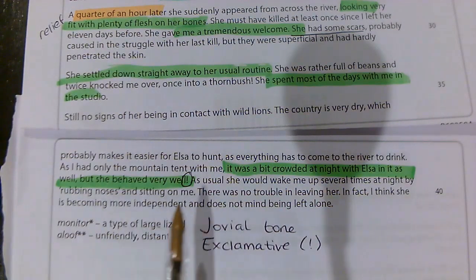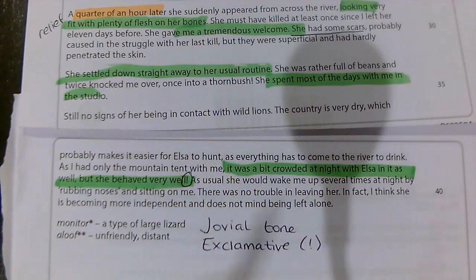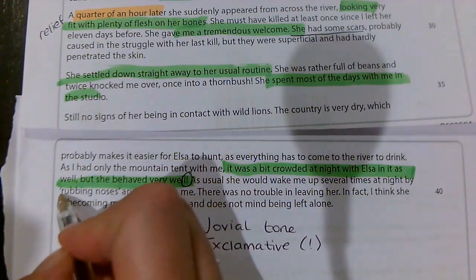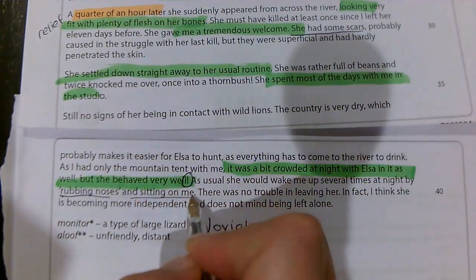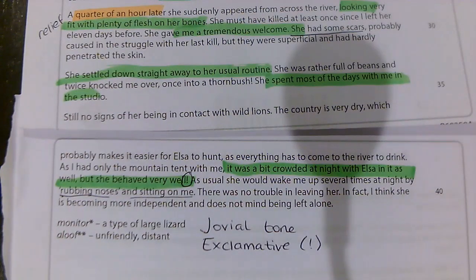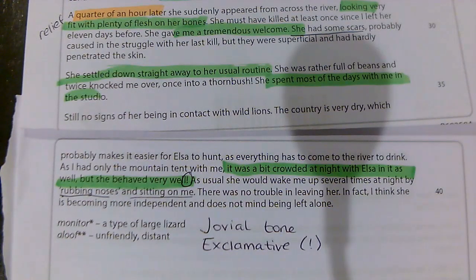So she behaved well. As usual, she would wake me up several times at night by rubbing noses and sitting on me. So that real sense of playfulness and the affection between George and Elsa, it shows their bond, and it makes us as a reader who've really been through the ringer over this passage, feel really, really content, really satisfied.